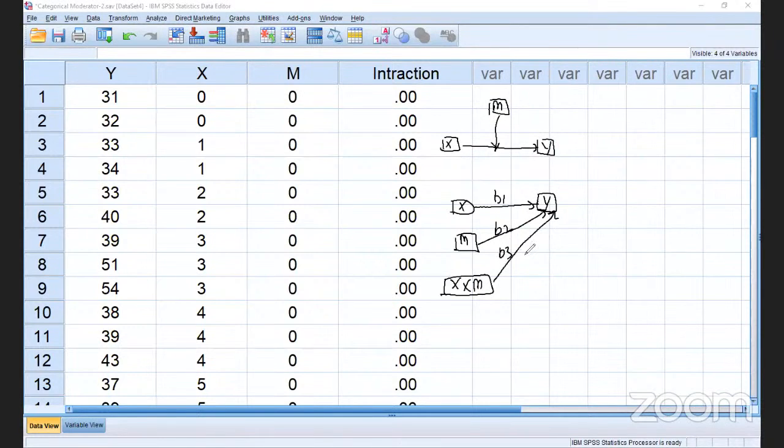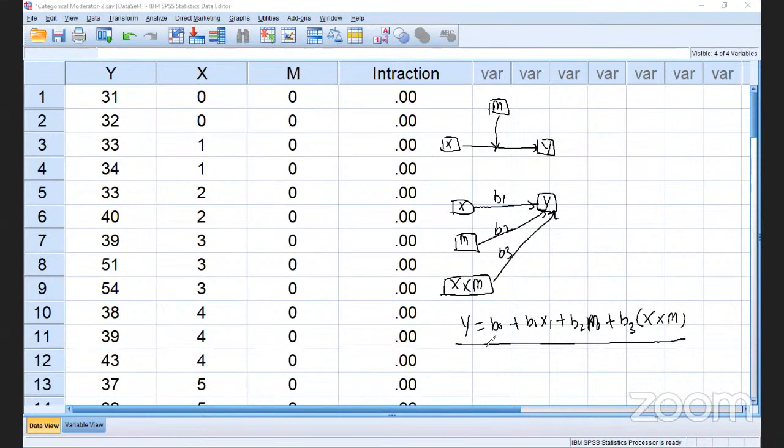So we will use multiple regression analysis like y equals b0 plus b1 x plus b2 m plus b3 x multiplied by m. So here we will check the interaction effect through multiple regression analysis.